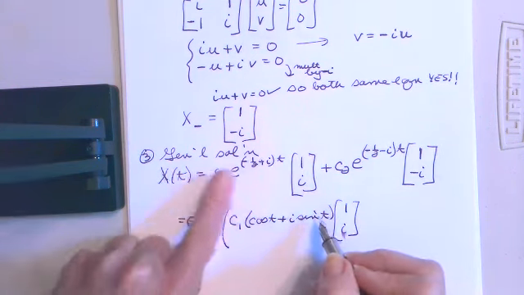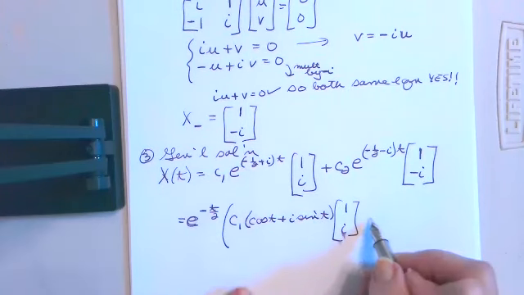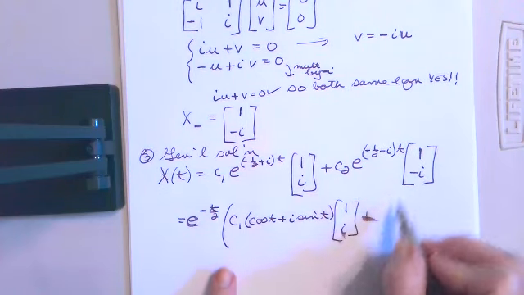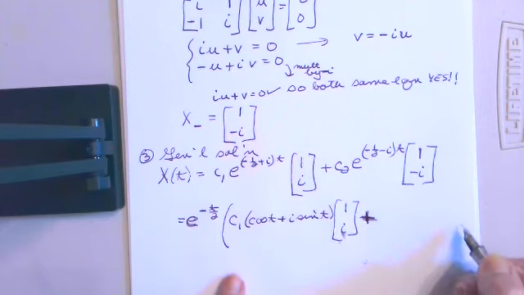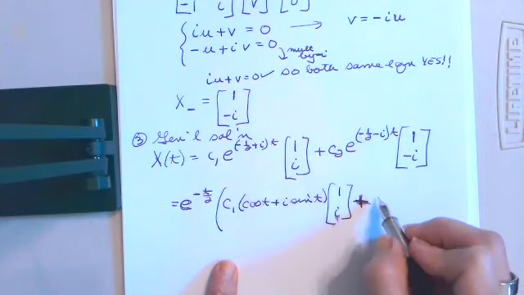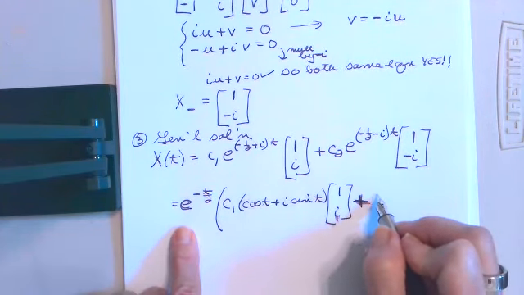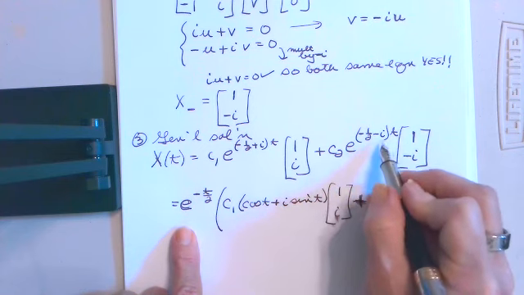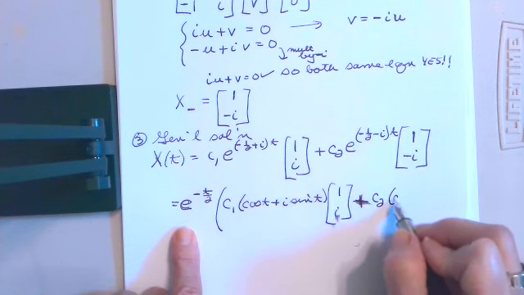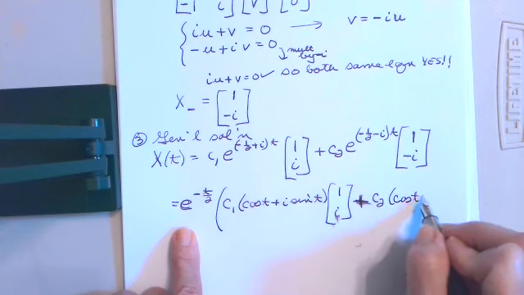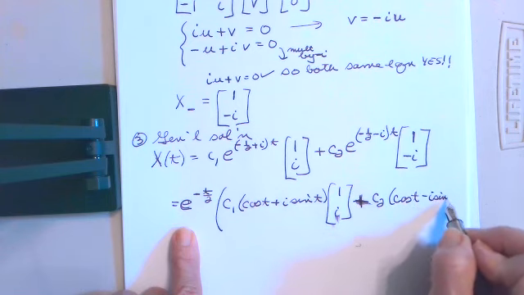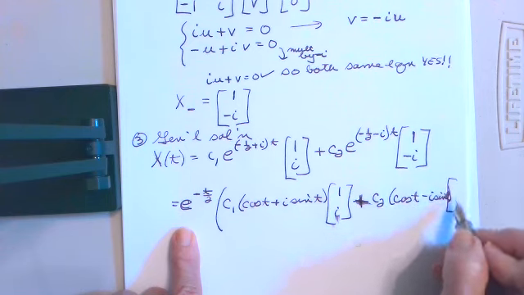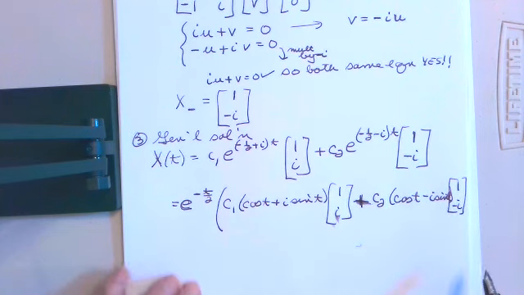I just factored out the e to the minus t over 2. And if I factor out the e to the minus t over 2 from the second one, I'll get C2, now I have e to the minus I t, which is cosine t minus I sine t, times the second eigenvector.